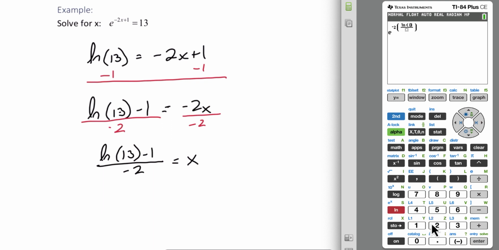Now we'll type in the natural log of 13 minus 1 all over negative 2. Jump out of that parenthesis. Then we have plus 1, still in the exponent. And this should give us 13. It does, so we know that our answer is correct.